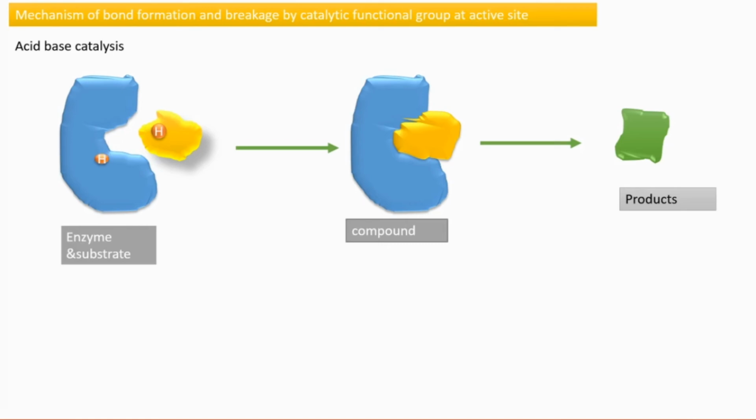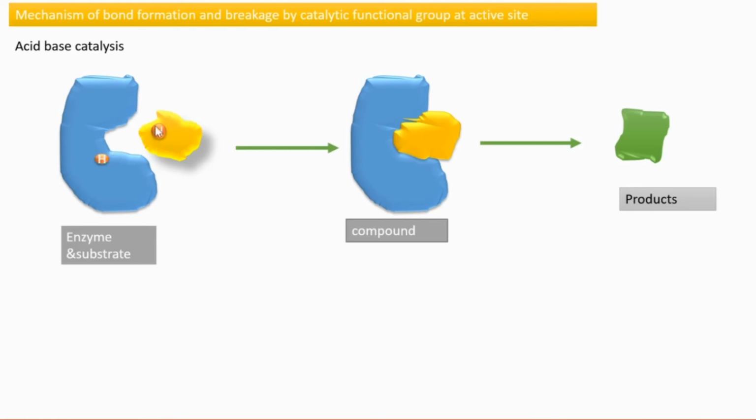Amino acids like glutamic acid, aspartic acid and arginine can act both as acid and base. That means they can either donate or accept protons.